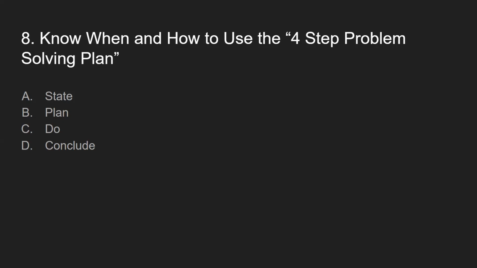They're going to be very precise about certain components that you need in your conclusion, and it's very important that you stick to that. So if you just remember state, plan, do, conclude, it almost rhymes, doesn't really, but almost. State, plan, do, conclude. Memorize that, and know when and how to use it.